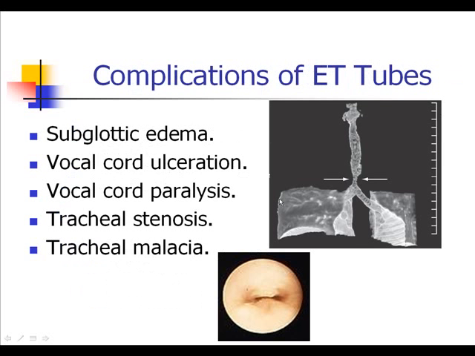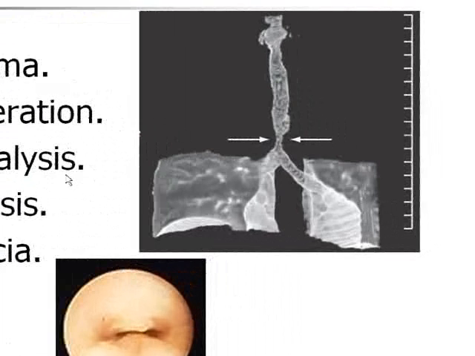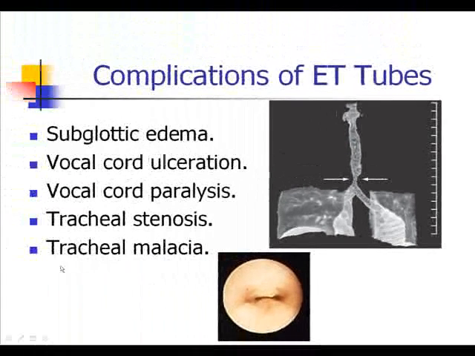Some other complications are subglottic edema, swelling, which we just talked about. However, if the tube is up against the vocal cords, you could have vocal cord ulceration. You could also have vocal cord paralysis post-extubation, and you could have tracheal stenosis, which this scan shows how the trachea has become stenotic, narrowed, or you can have tracheomalacia, which is an actual collapse.